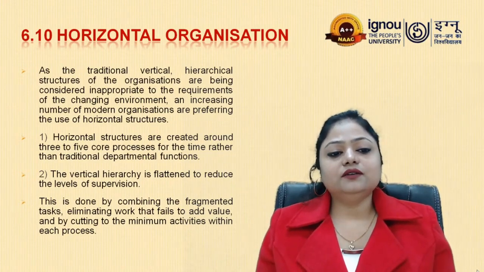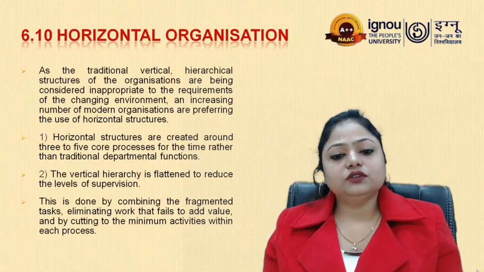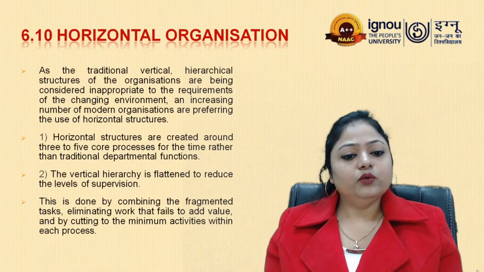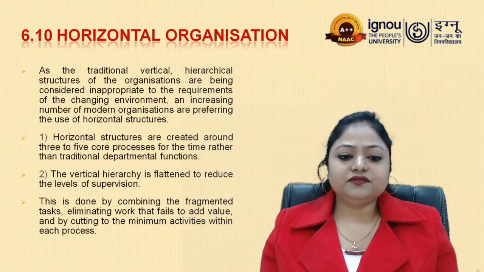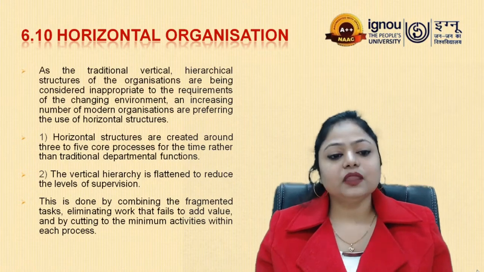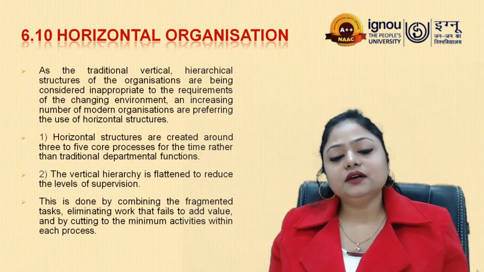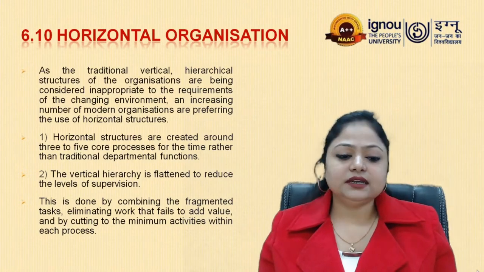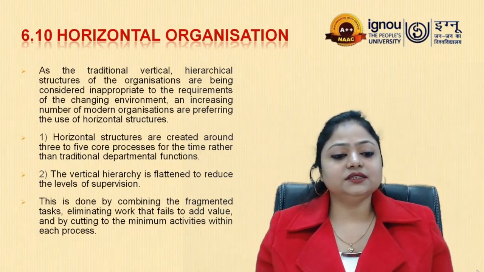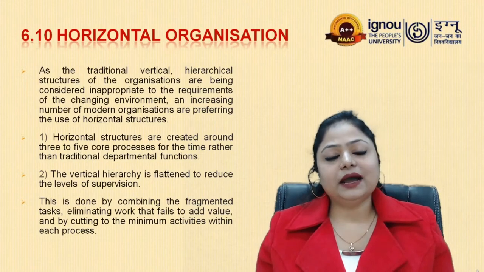These are created around 3 to 5 core processes rather than traditional departmental functions. The vertical hierarchy is flattened to reduce the level of supervision needed at different levels, by combining fragmented tasks and eliminating work that fails to add value to the organization, cutting the minimum activities within each process.